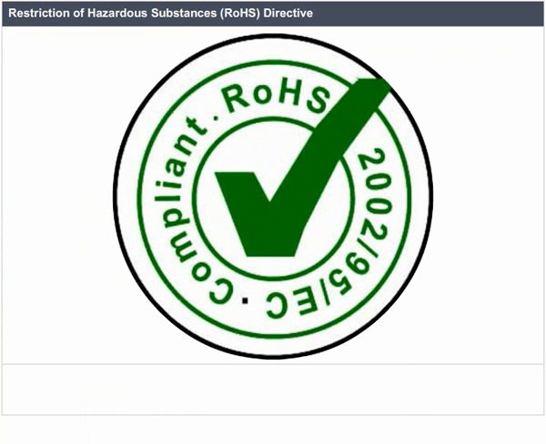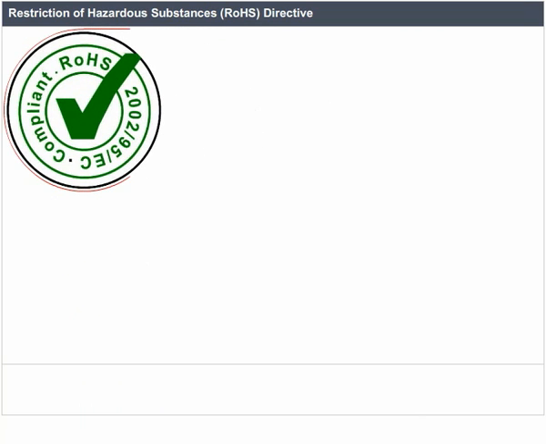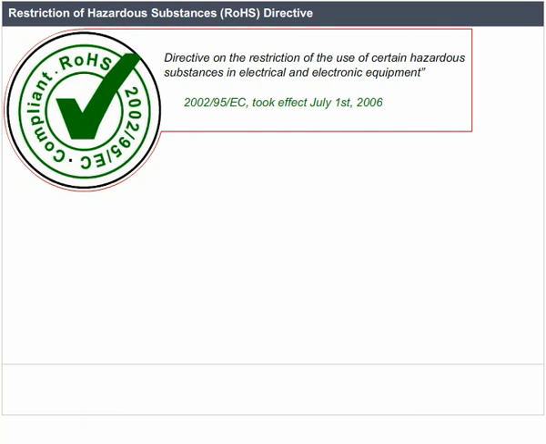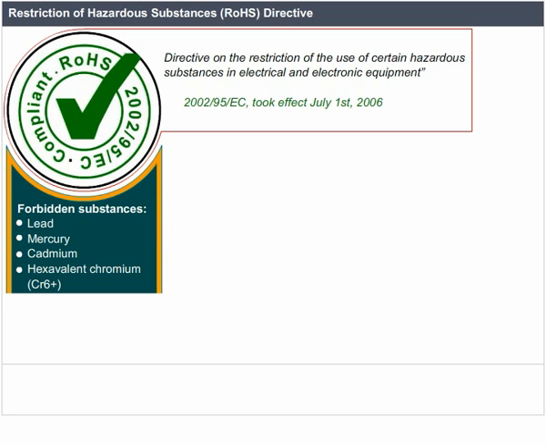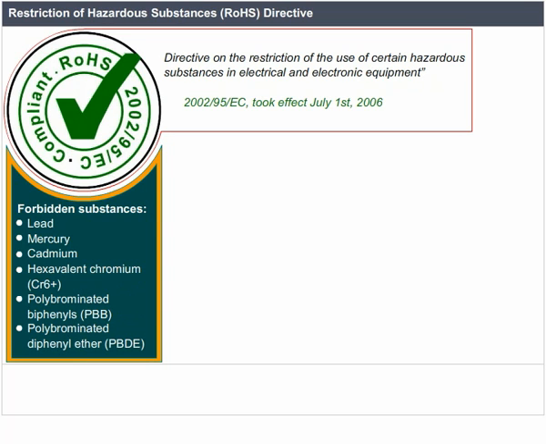Restriction of Hazardous Substances directive: the directive on the restriction of the use of certain hazardous substances in electrical and electronic equipment. This took effect on July 1, 2006. Forbidden substances: lead, mercury, cadmium, hexavalent chromium, polybrominated biphenyls, polybrominated diphenyl ether.